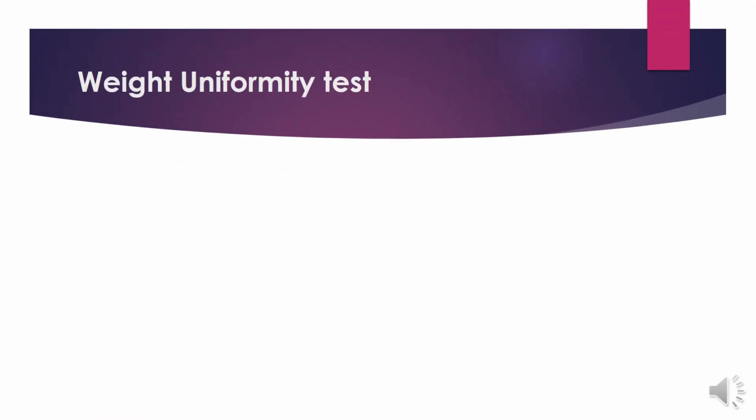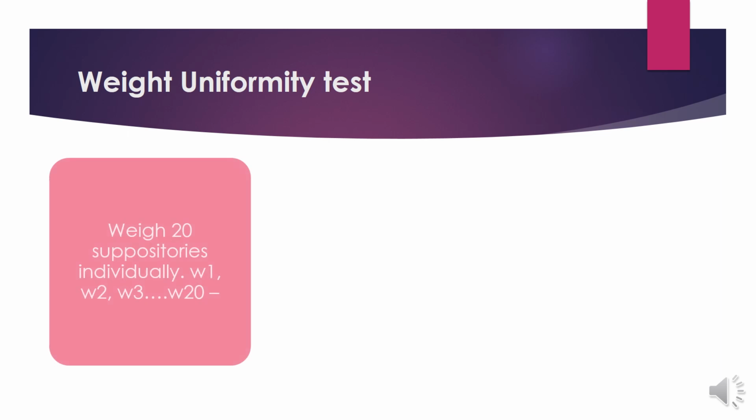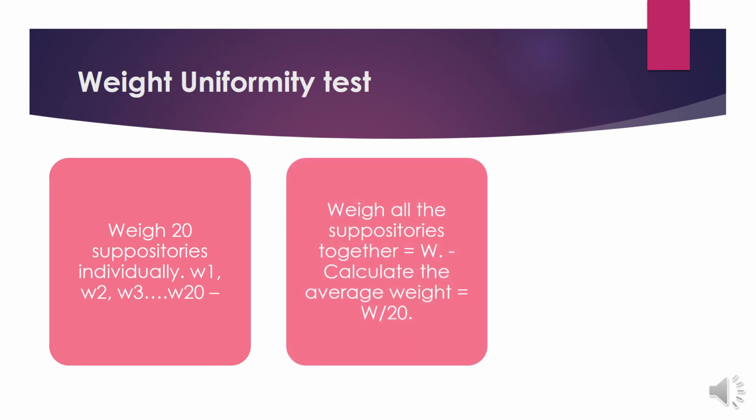So the next test we are going to discuss is the weight uniformity test. For this test, you are going to take 20 suppositories and weigh them individually and note down their weights as W1, W2, W3, up to W20.